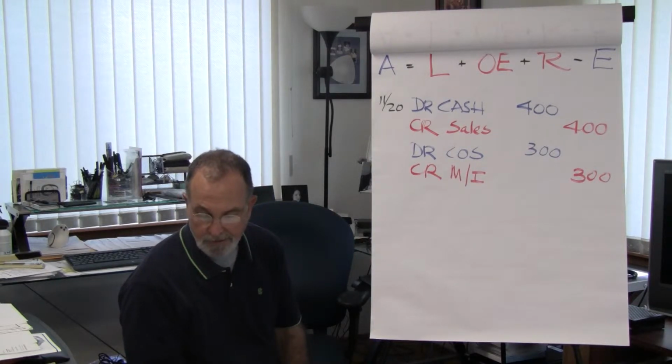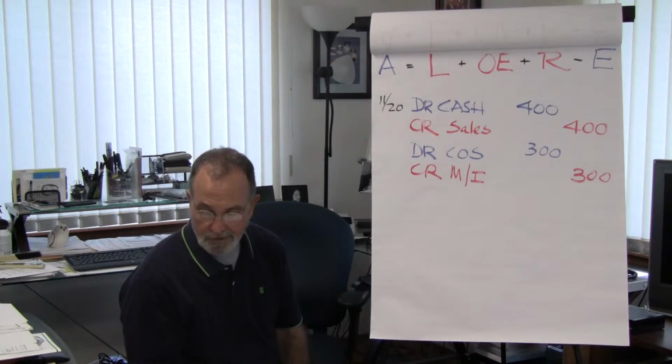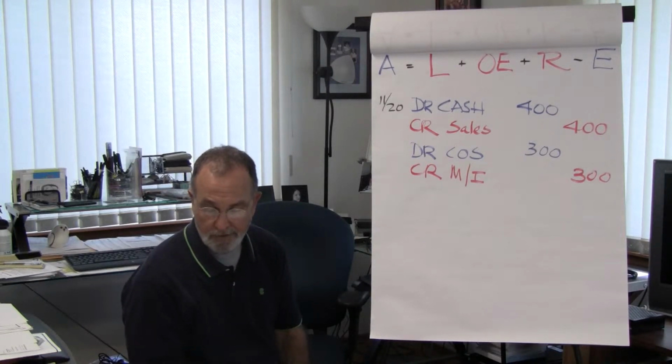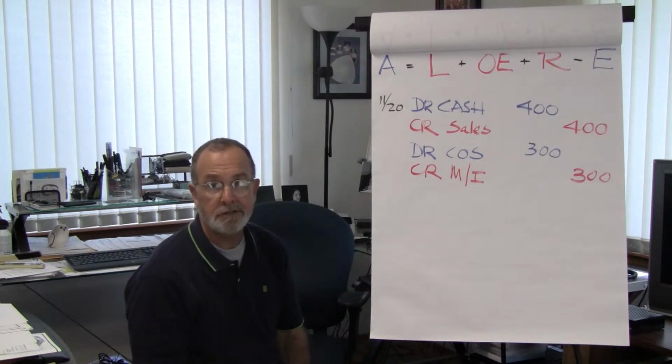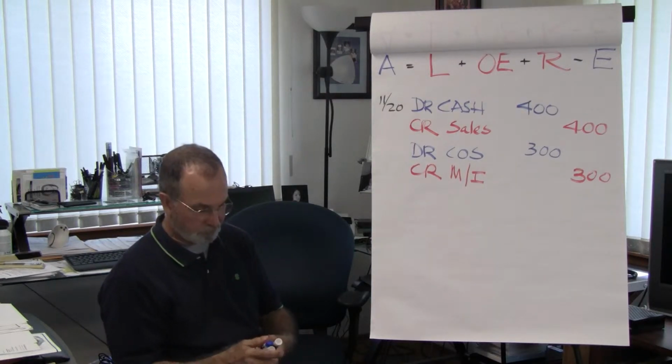And we know that because the terms of the sale are given. 3% 10 net 30 would indicate to us that it's a credit sale. So the customer, Vasco Athletics, has the option of taking a 3% discount if they pay within 10 days of the invoice date. Otherwise, the full amount would be due in 30 days from invoice date.